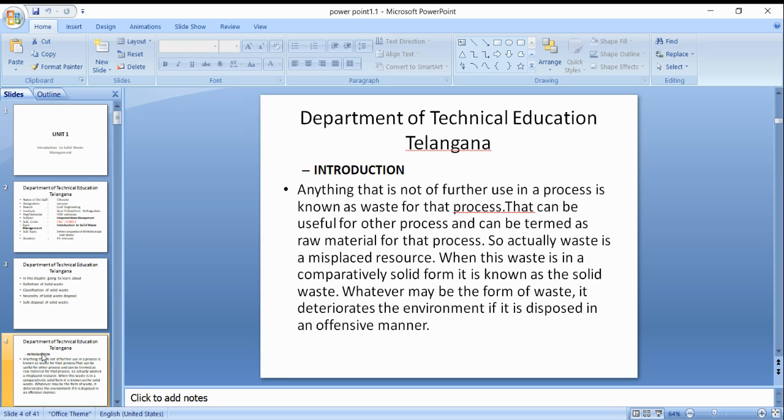So whatever be the form of a waste, it will cause environmental pollution. If it is disposed of directly, it will give an offensive smell.